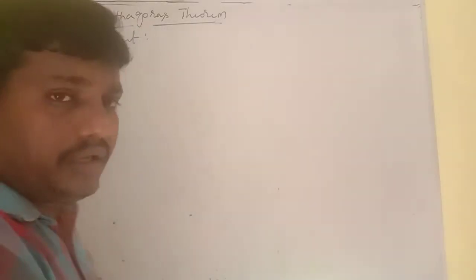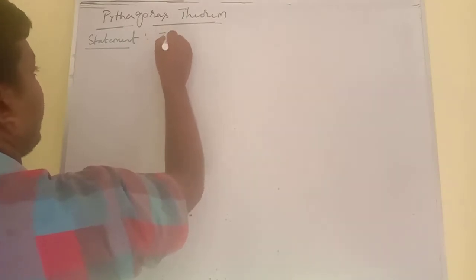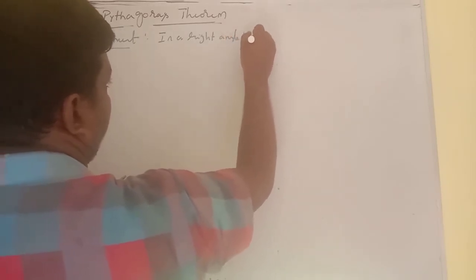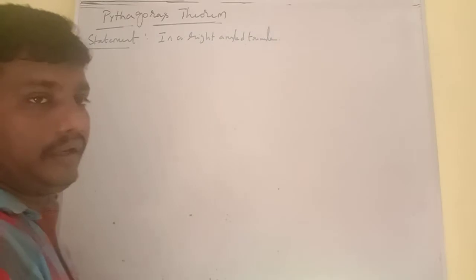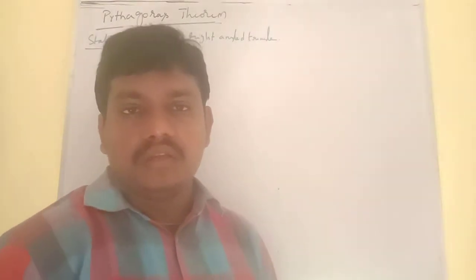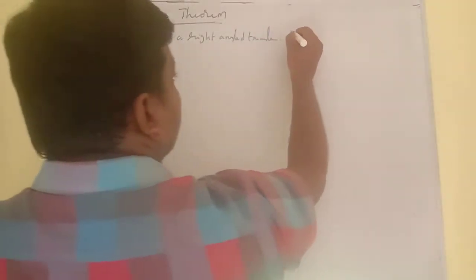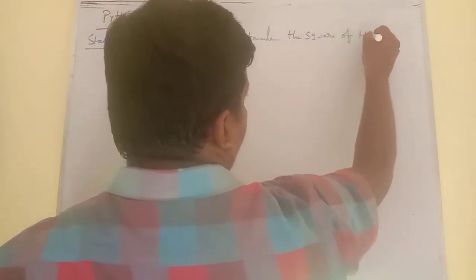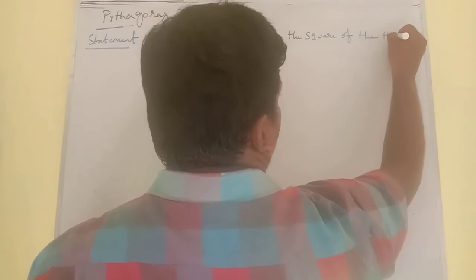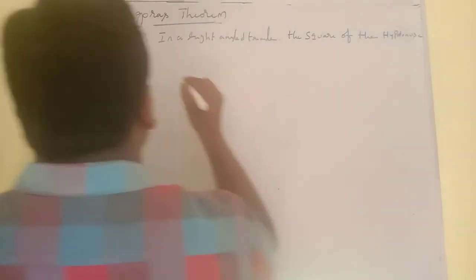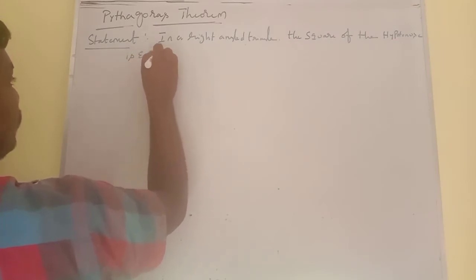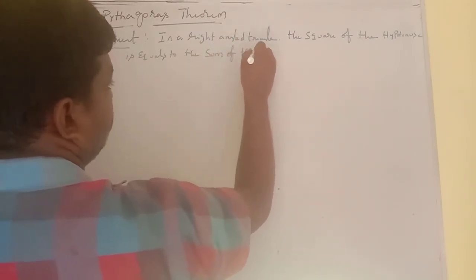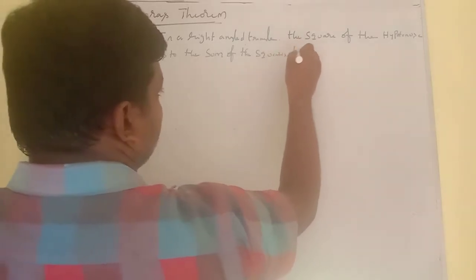Statement of Pythagoras theorem: In a right angled triangle, the square of the hypotenuse equals the sum of the squares of the other two sides.